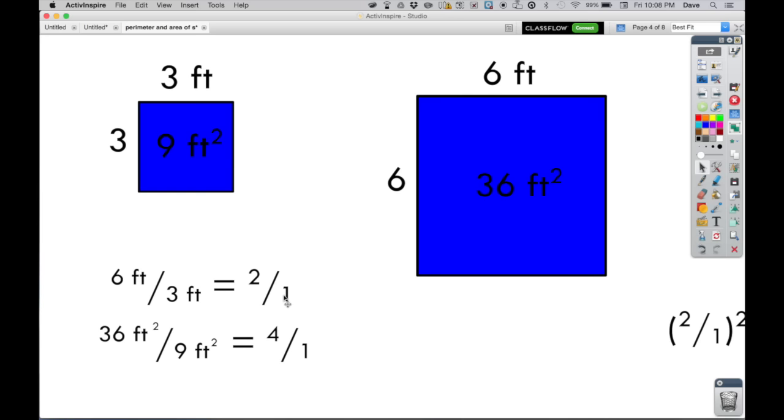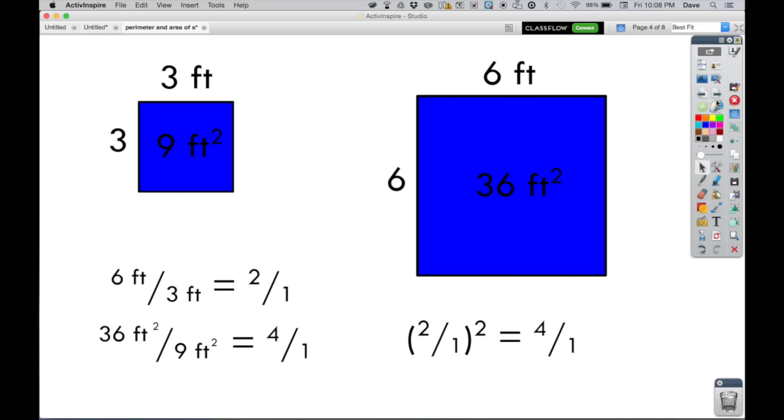Well, like we did in class, we did different squares and different shapes, and eventually we came to the conclusion that if you take the ratio of corresponding sides and square those numbers, you get the ratio of areas. So in other words here, 2/1 squared equals 4/1.